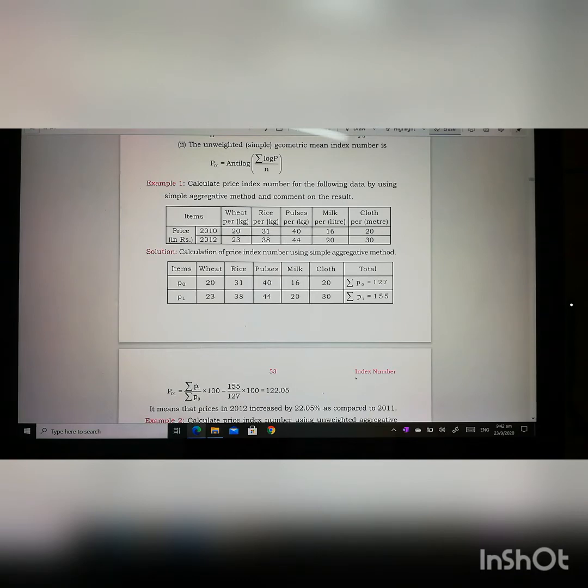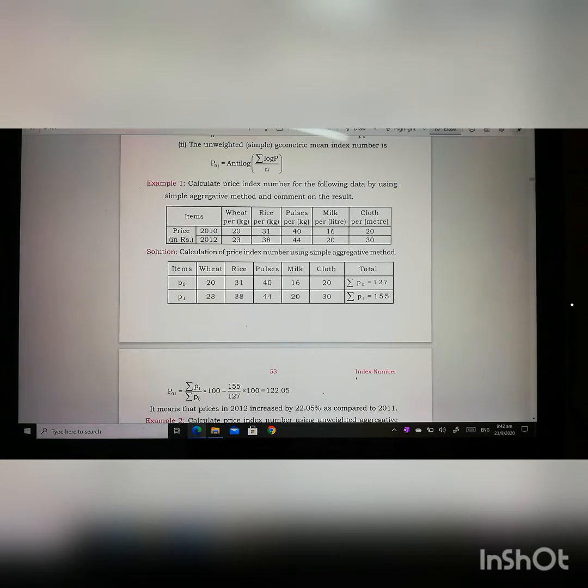In the previous class, I explained the classification of index numbers. They're classified into two categories, unweighted index numbers and weighted index numbers. In unweighted index numbers, the classification is done based on two things: simple average of relatives and simple aggregative.